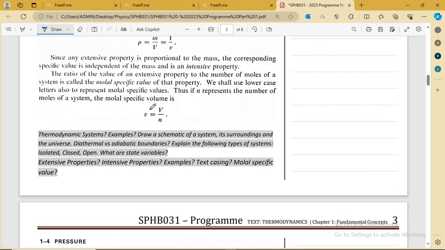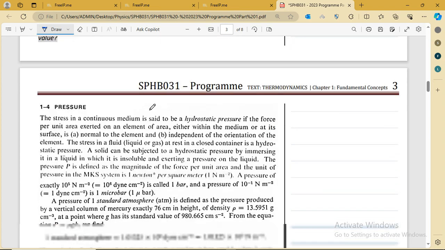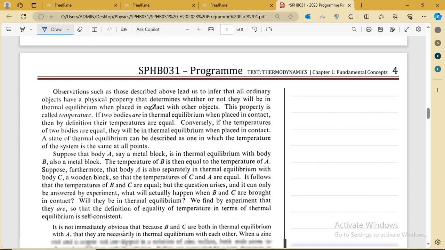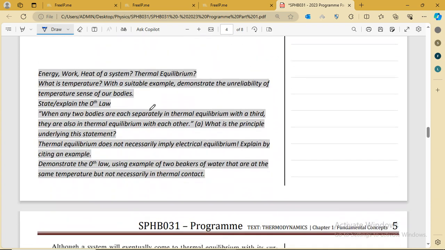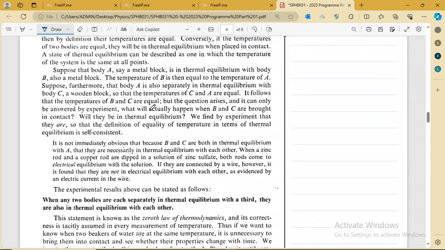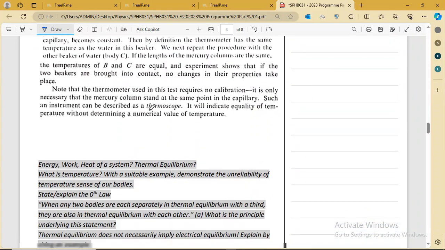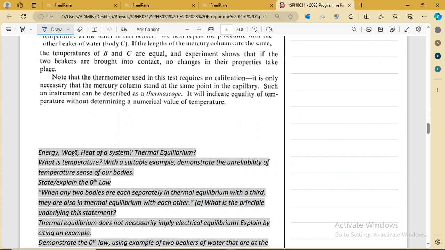Every piece of information is there. We also have energy, work, and heat of a system.